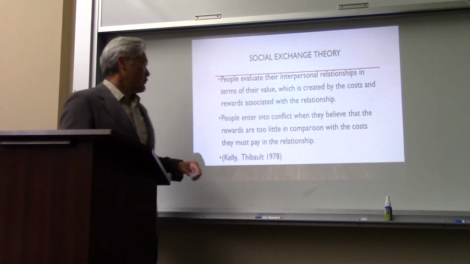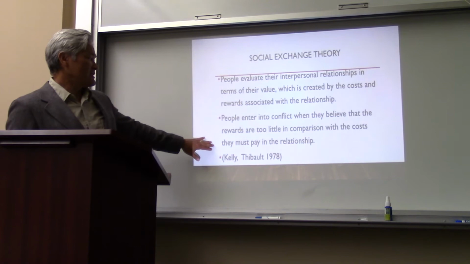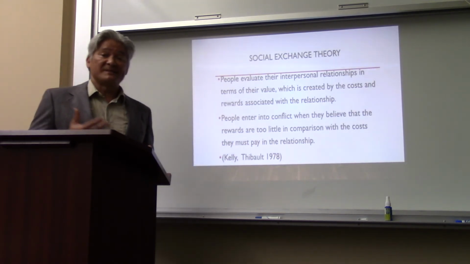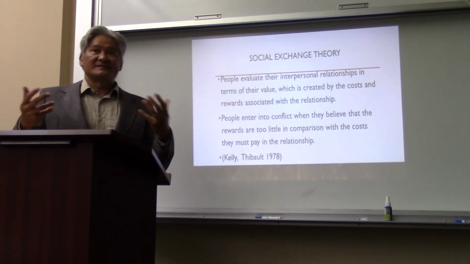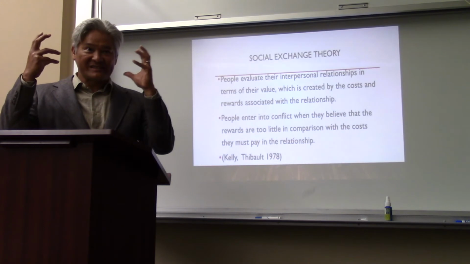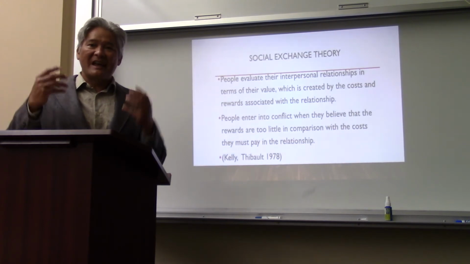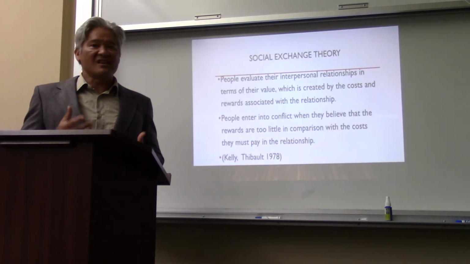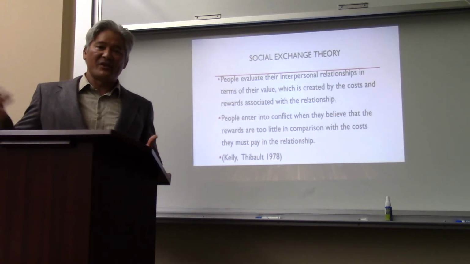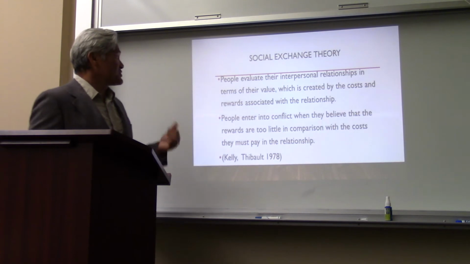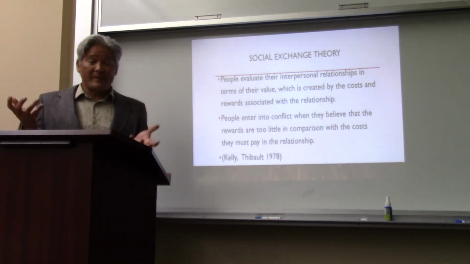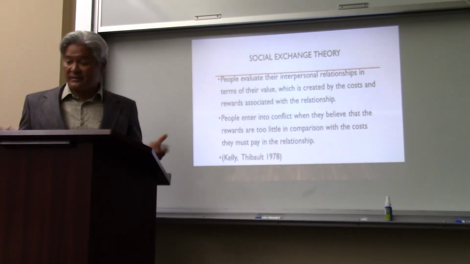And when that happens, it's going to lead to some decision making, which, as we know in psychodynamic theory, leads to some tension internally in your mind. And there's no closure until you make a decision about this relationship. So social exchange theory is where you're evaluating your relationships based on costs and rewards.